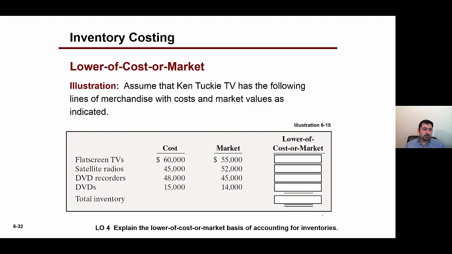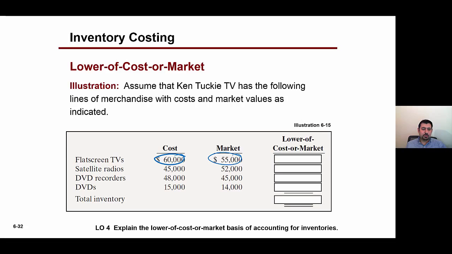The original cost at which the company acquired those TVs was $60,000, whereas the market is $55,000. This is the market in order if the company is going to replace their inventory now.